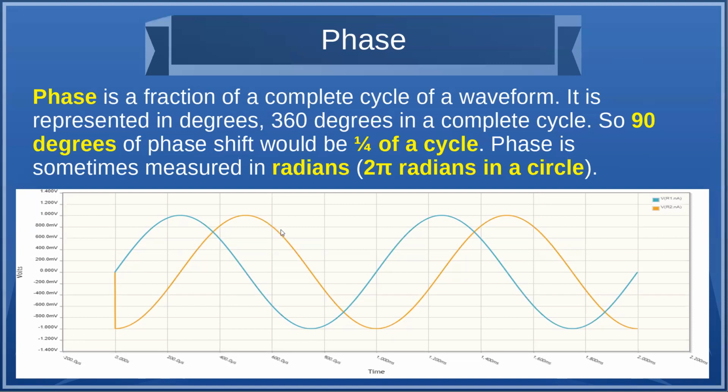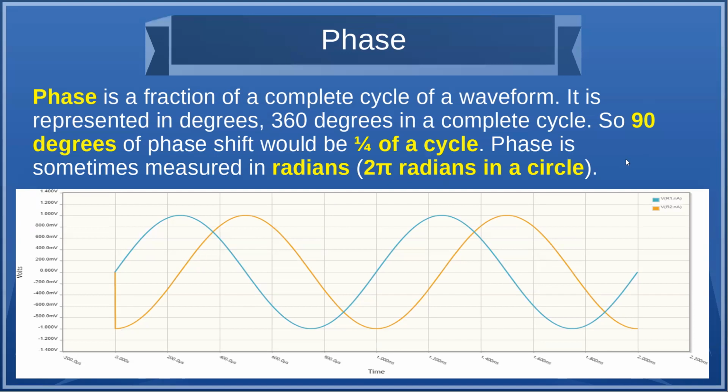The yellow or gold, however that shows on your screen, is that same waveform shifted by 90 degrees, or a quarter of a cycle, which would turn out to be pi over 2 if you're doing radians.